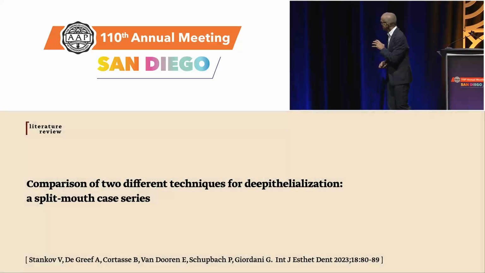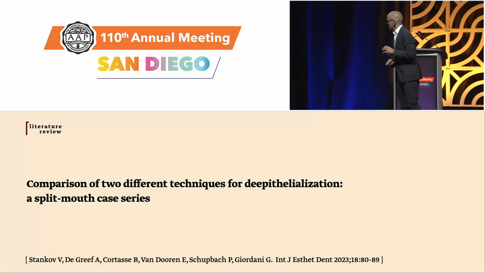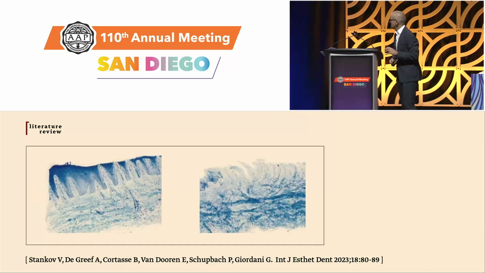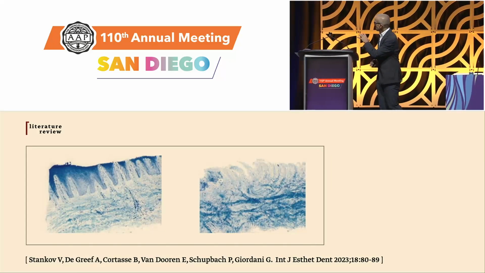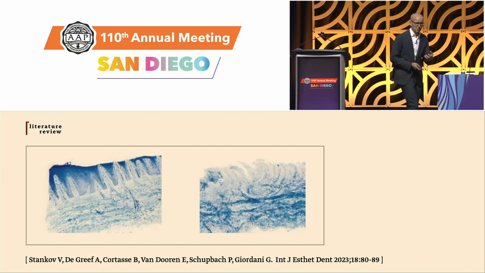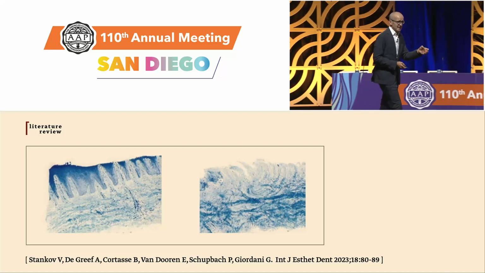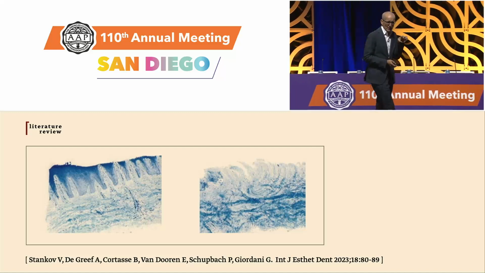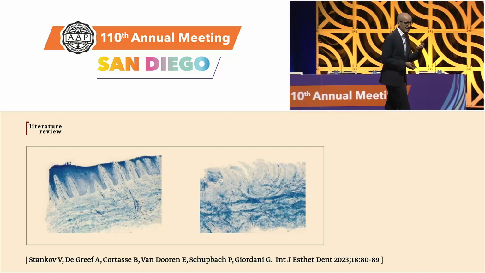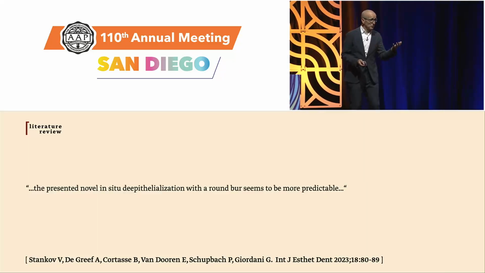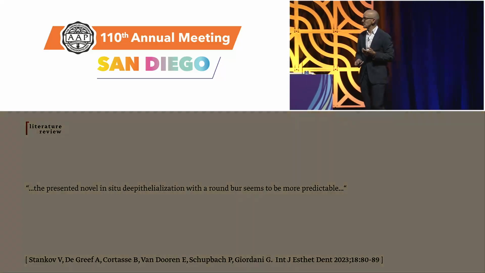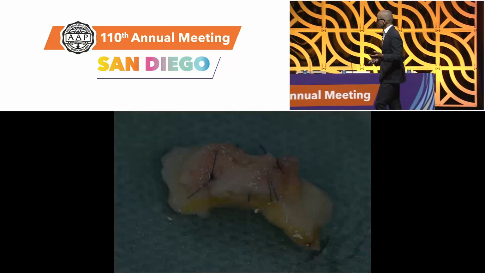So here's an interesting study from a former student of ours from Romania. He compared the de-epithelialization with a blade with the de-epithelialization with a low rotating disc-like diamond bur. And you can see on the picture that the rete pegs are somehow pulled out with this low rotating diamond bur. So maybe this is one area we should look at in the future to avoid the problems that we do see.